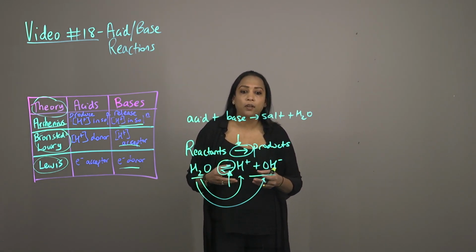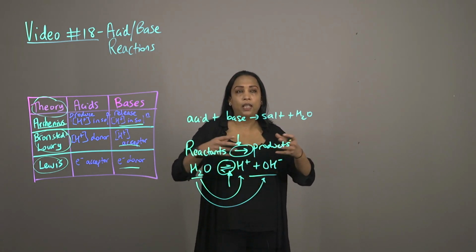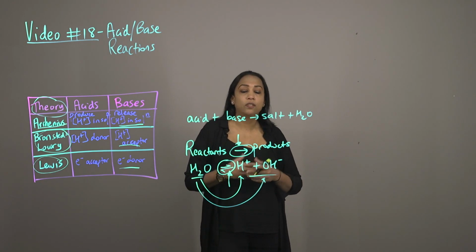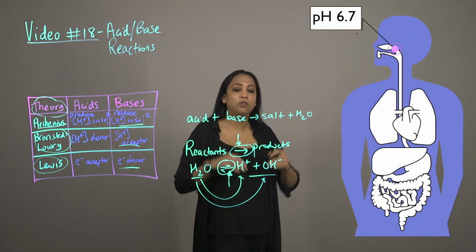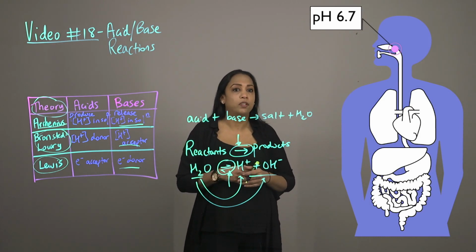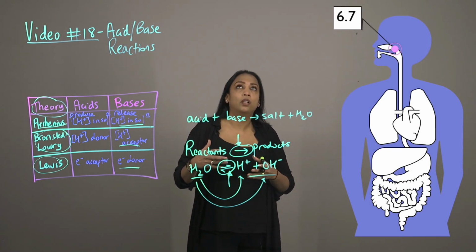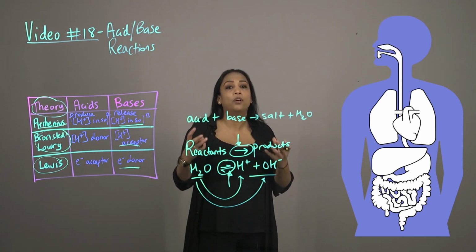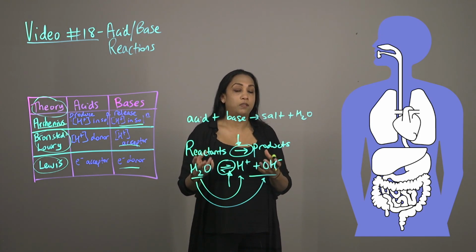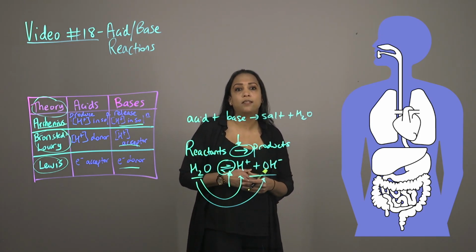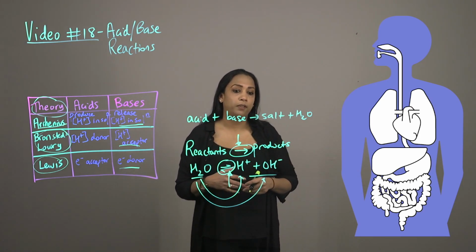So if we think about the process of digestion, for example, the pH of our saliva in our mouth is about neutral. It's actually around 6.7, so very close to 7. If you think about the mouth, if it were a very acidic environment, then your food may not taste so great. So it makes sense that our mouth or saliva is around pH 6.7.